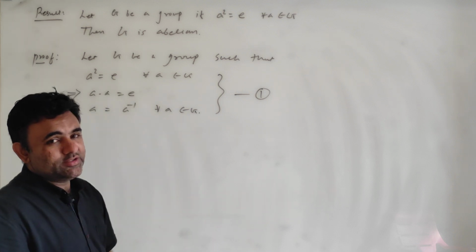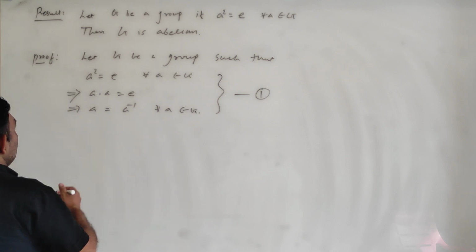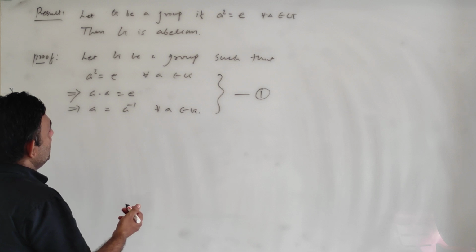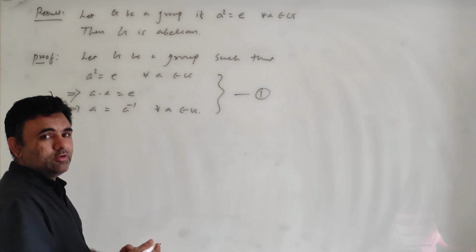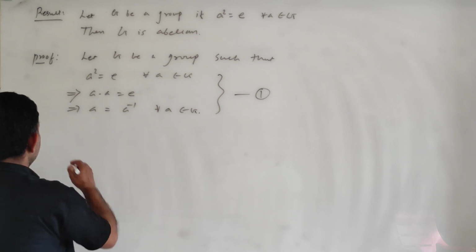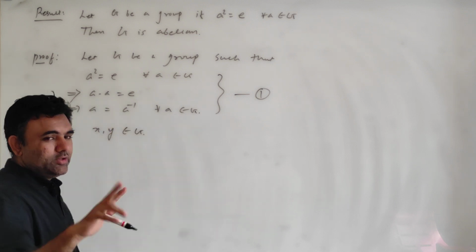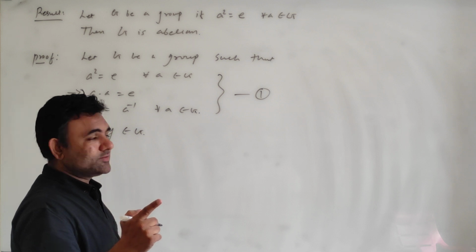Then the group must be abelian. To prove abelian, what do I have to prove? I have to prove that xy is equal to yx for all x, y belongs to G. So let x, y belong to G, and I will prove that x into y is equal to y into x.